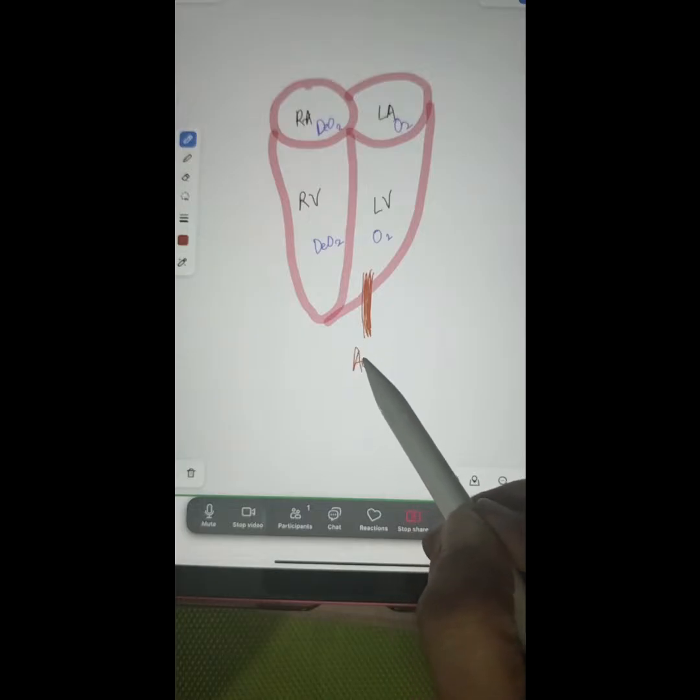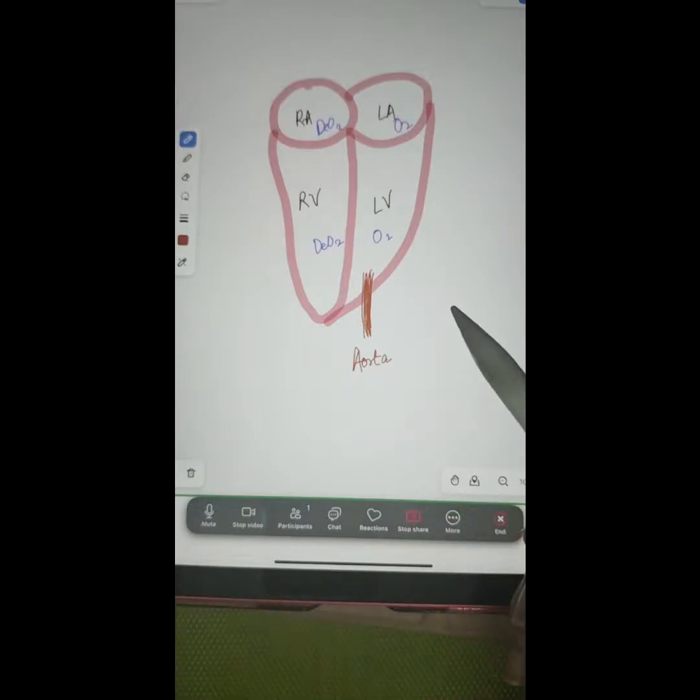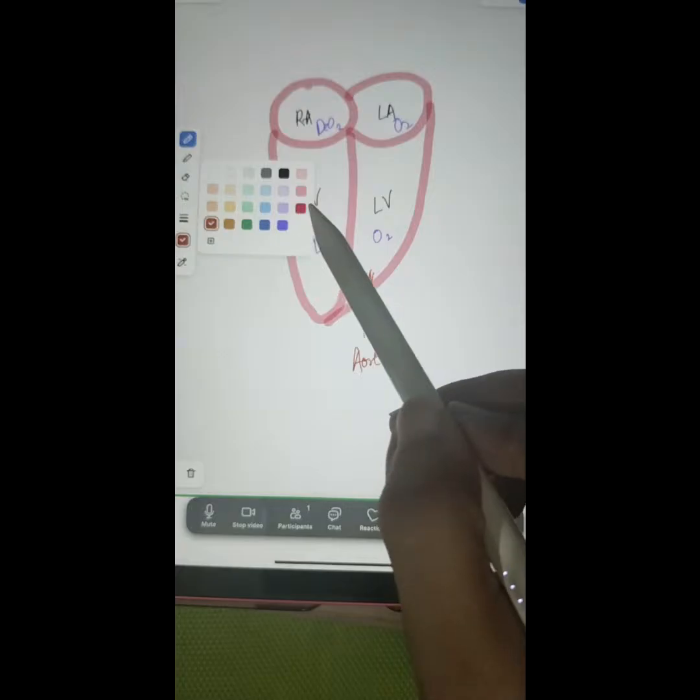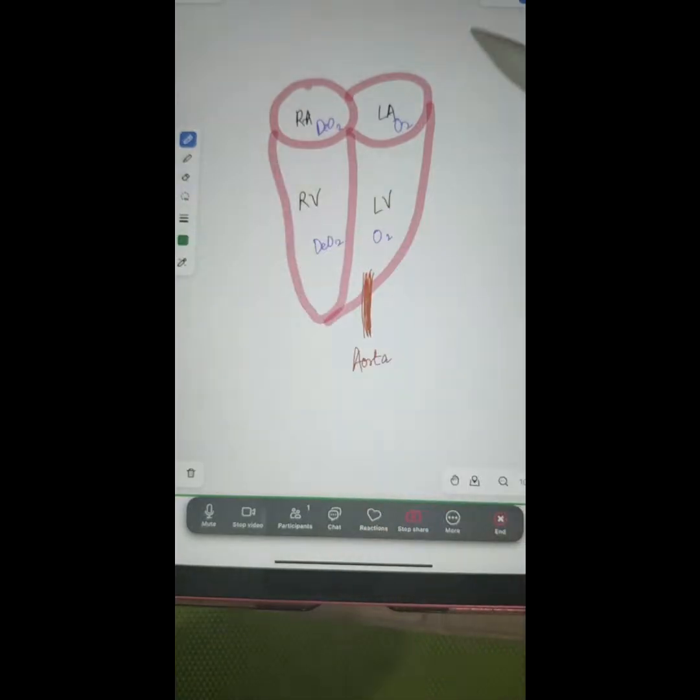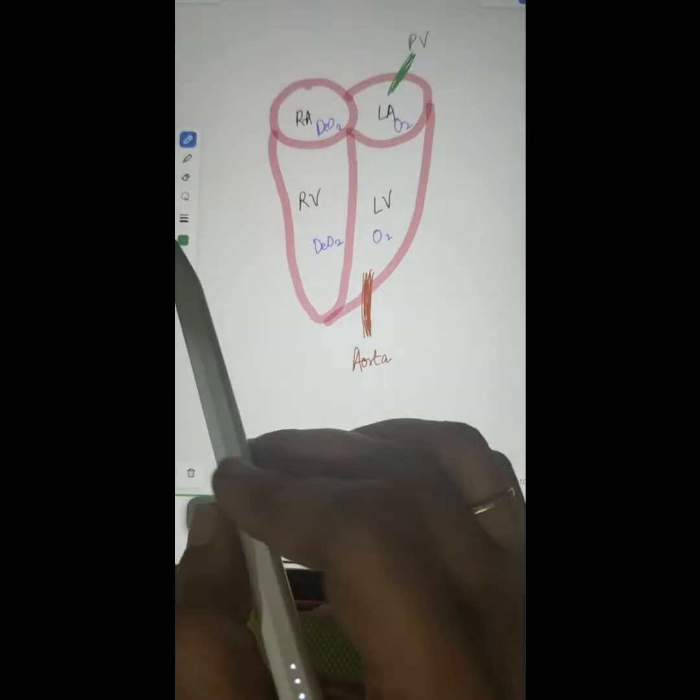So with left ventricle always associate aorta. Now to the left auricle associate pulmonary vein. Remember, pulmonary vein is an exceptional blood vessel because all the veins carry deoxygenated blood, and this is the one that is carrying oxygenated blood.